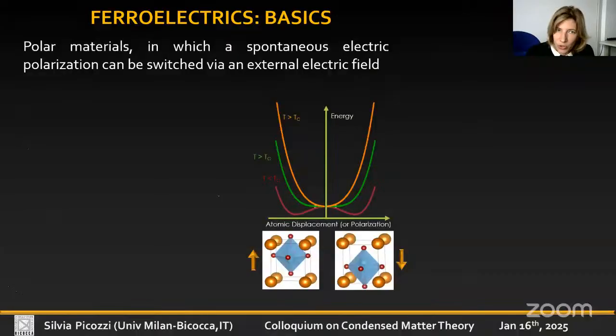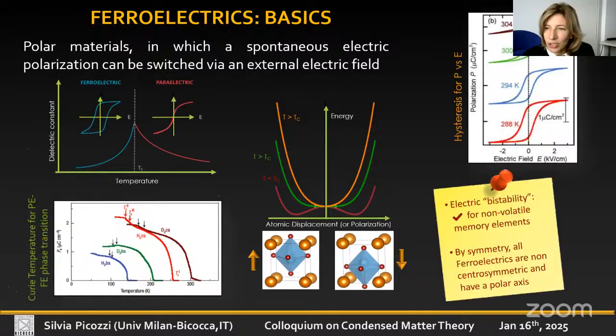Okay, because I will also discuss multiferroicity, let me just introduce what ferroelectricity is, which is redundant, but let me spend one slide on it. So a ferroelectric material is a material that shows the presence of a permanent and switchable dipole below a certain temperature.